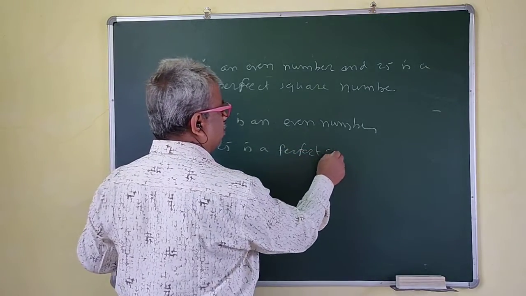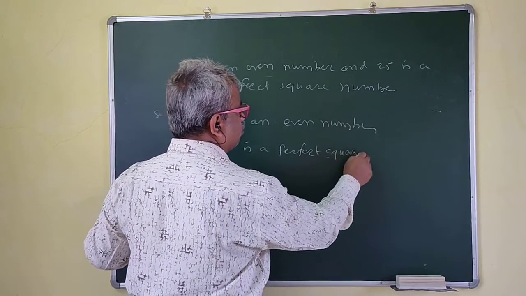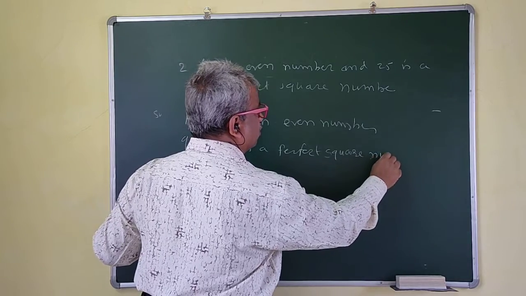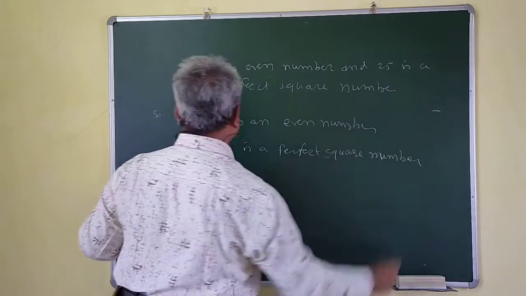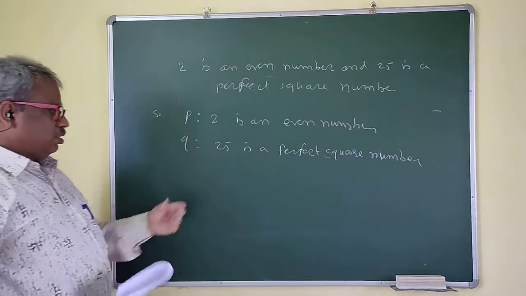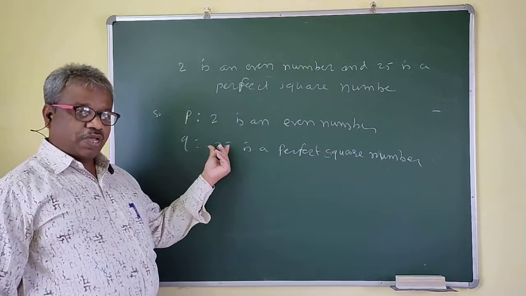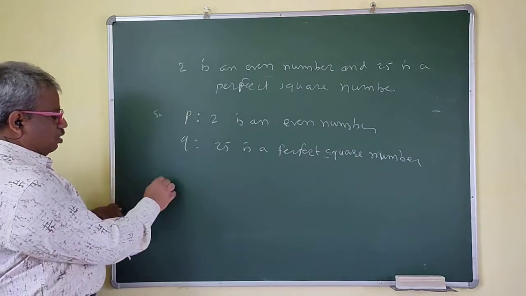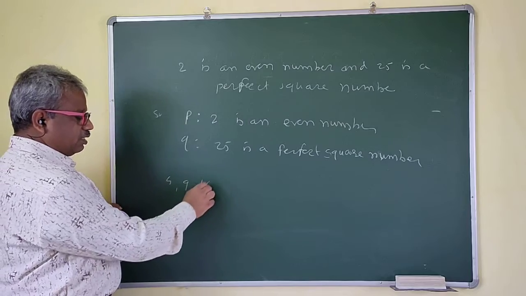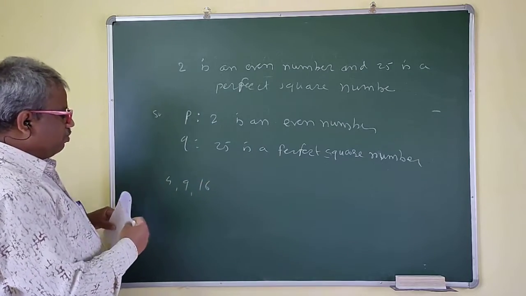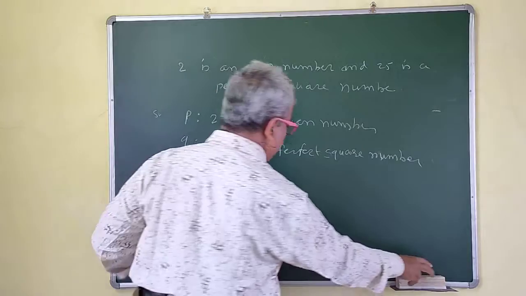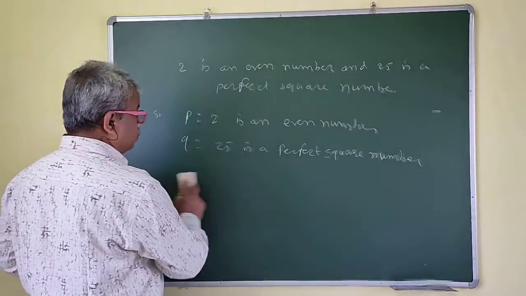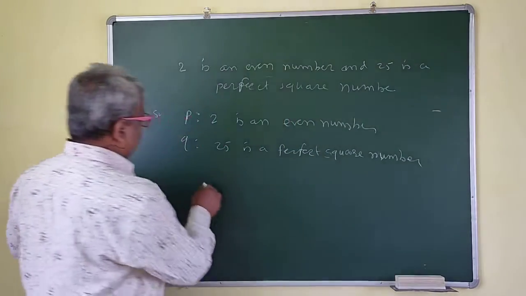So perfect square means what? It has a root. So 5, right? Like 4, 9, 16, because they are squares of some number, they are called perfect square numbers. So now your statement is what?